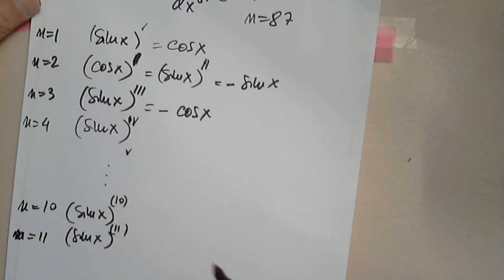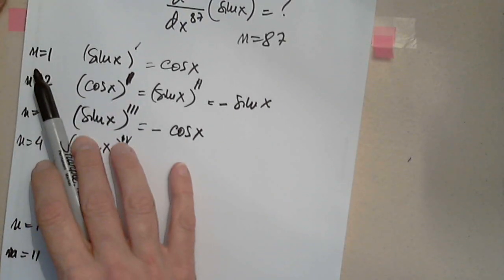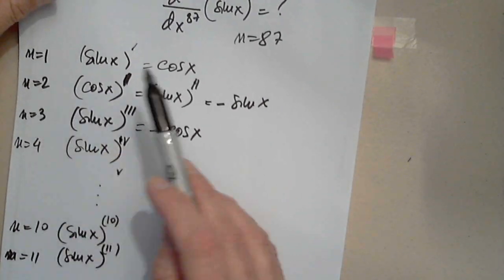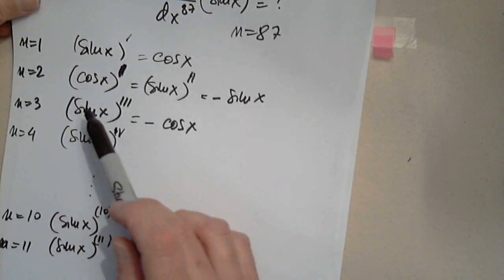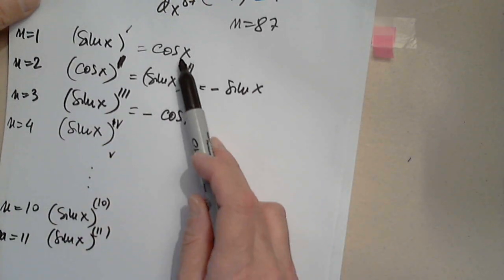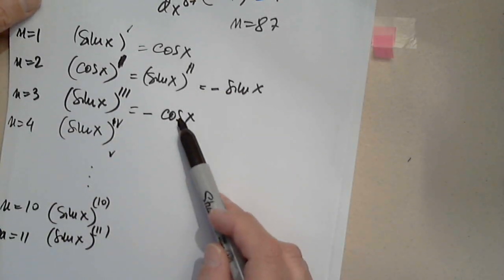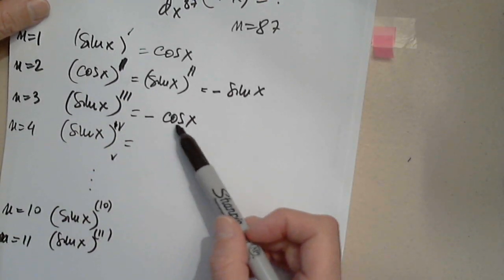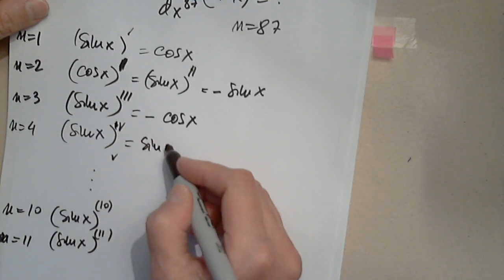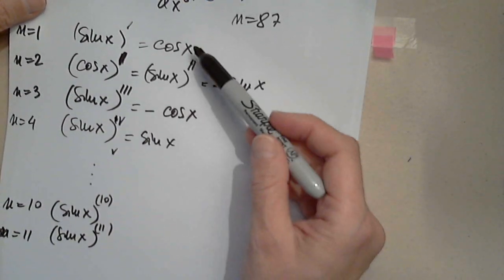Okay, so let's take a look. When n is 1, differentiating the first time, we get cosine. For the second time, we get negative sine x, because that's what I'm differentiating now. Now I'm differentiating this to get negative cosine x, and then I differentiate negative cosine x to get back sine x. So this is the pattern.